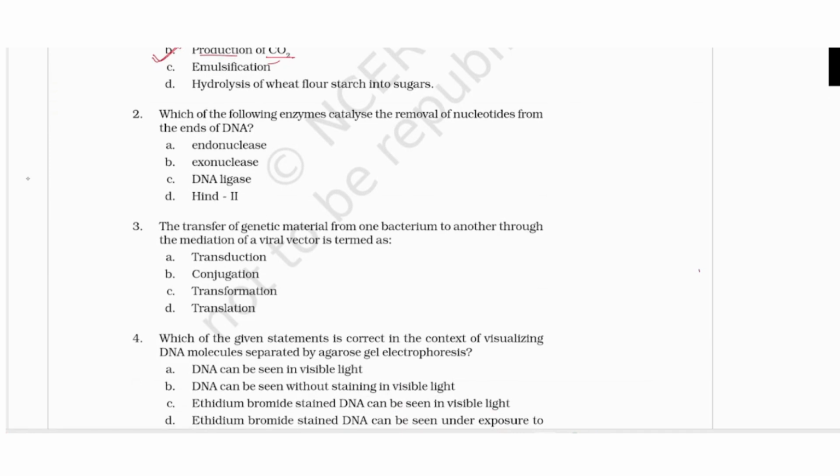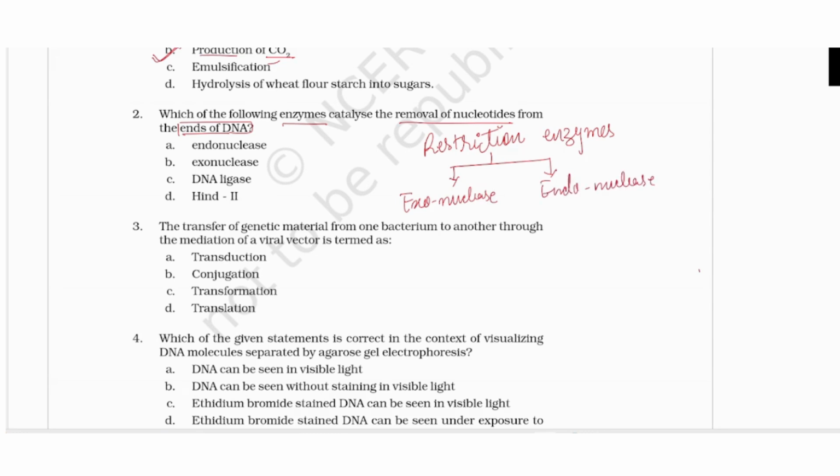Next question is, which of the following enzymes catalyze the removal of nucleotides from the ends of the DNA? From the ends means they are actually asking about the restriction enzyme. In the restriction enzyme we have seen two types, the exonuclease and the endonuclease.